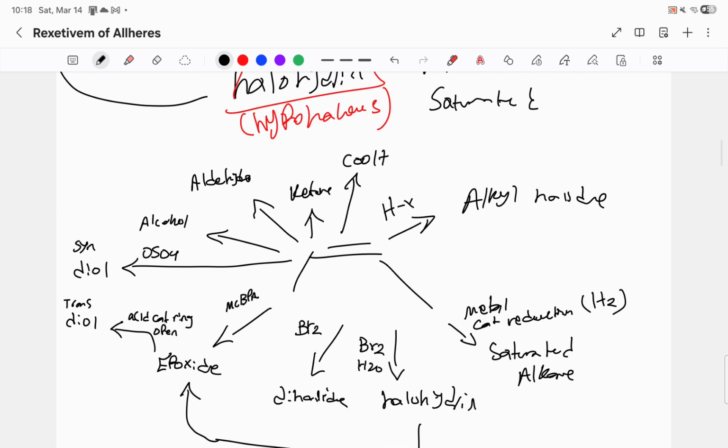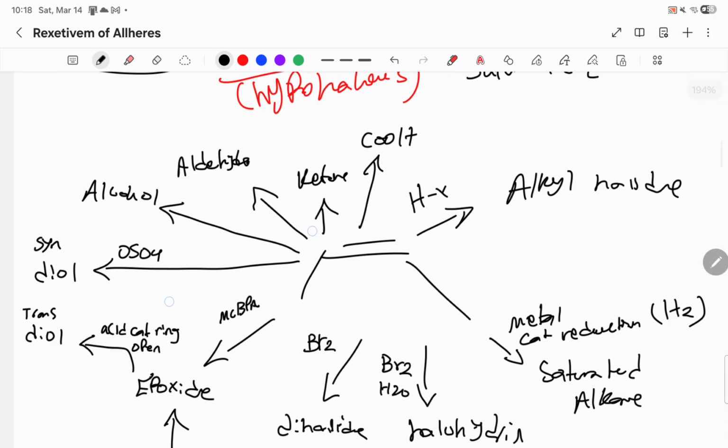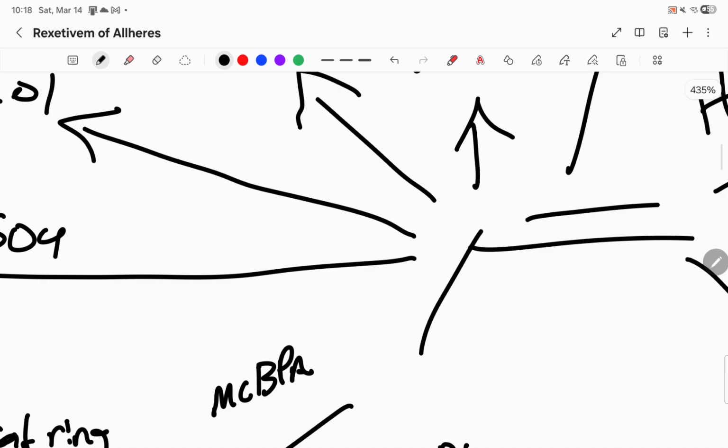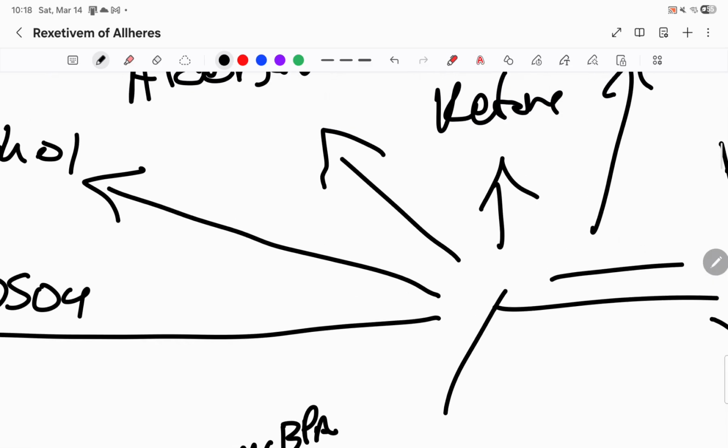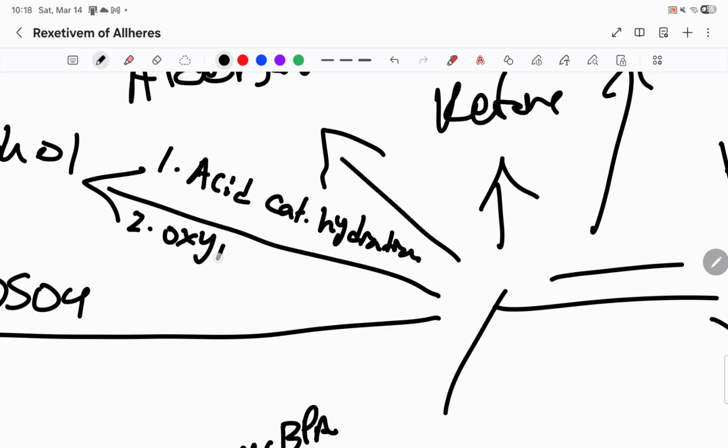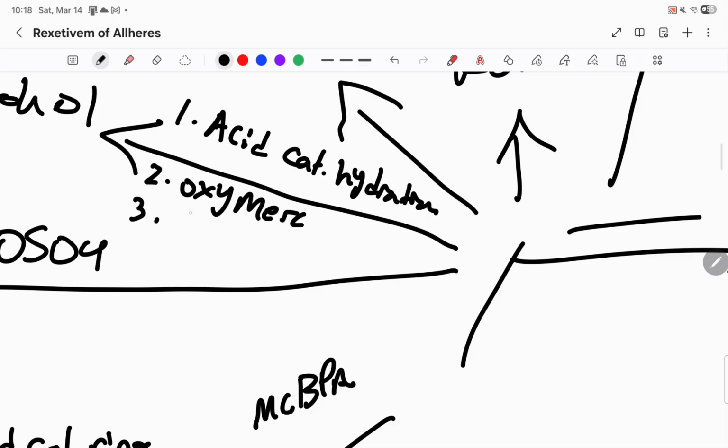Another way is, we talked about alcohols a lot, actually. We said there were 3 ways of making an alcohol. One is the acid catalyzed hydration. We said that the second method was oxymercuration. We said that the third method was getting a syn hydroboration oxidation.